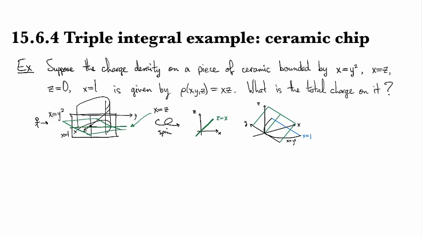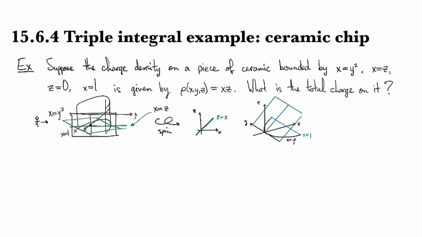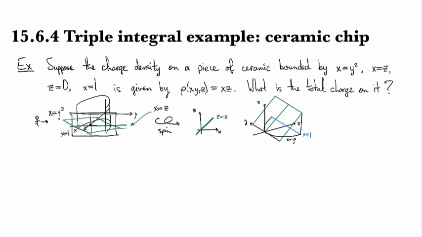Okay. And oh, you know what? If I were really smart, I would have extended this up above the x equals 1 line. There we go. Okay. Actually here, let me color code this. So this is the x equals 1 plane.